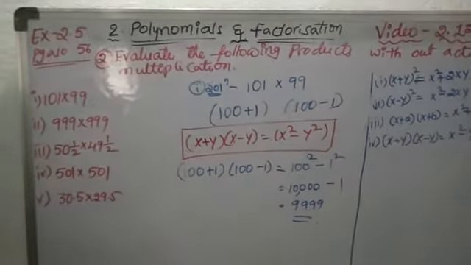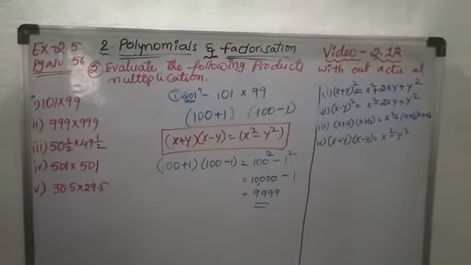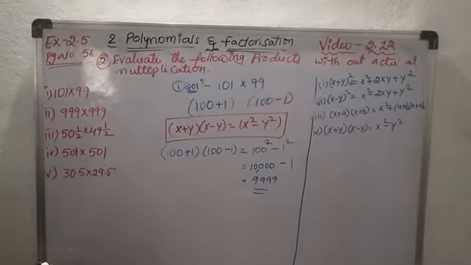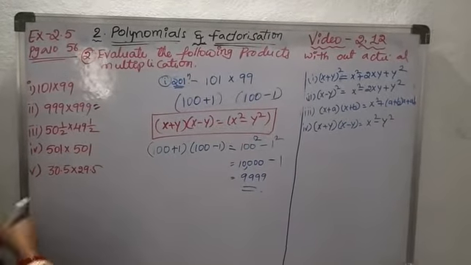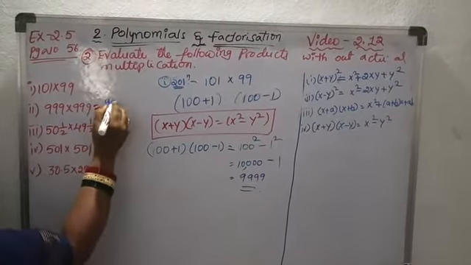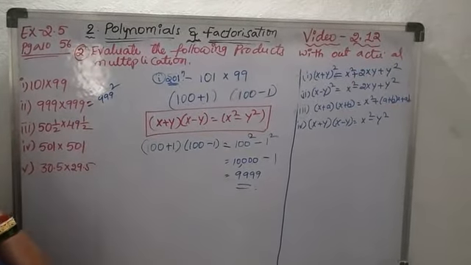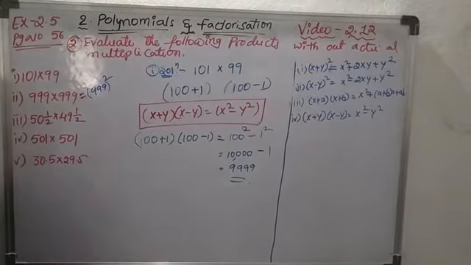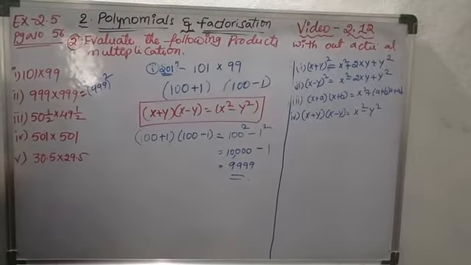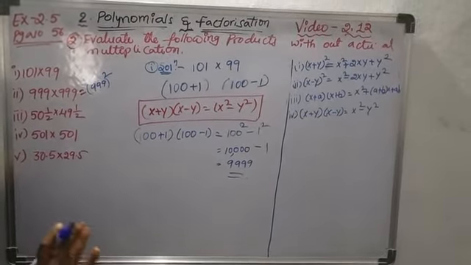Same like this, the remaining also we have to express. The second one, 999 into 999, means 999 multiplied twice, so 999 whole square. Again you might do the actual multiplication method, but don't go to that method.